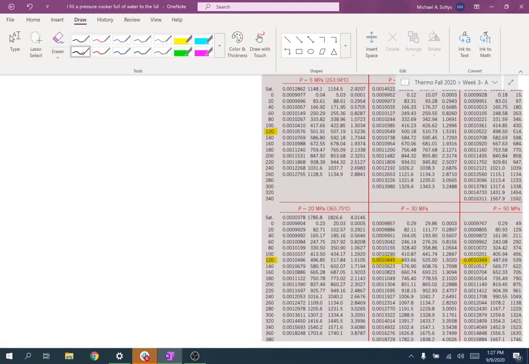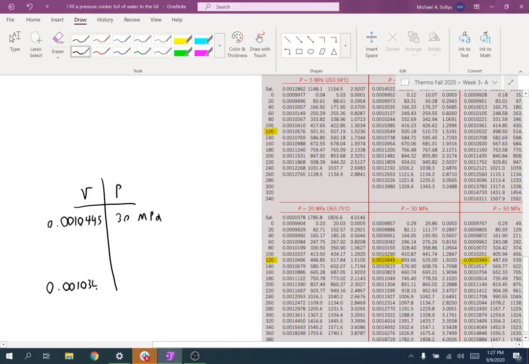Let me write this down. We have these volumes at different pressures, so I'll make a little table here. At 0.00104445, my pressure is 30 megapascals, and at 0.00103449, my pressure is 50 megapascals.